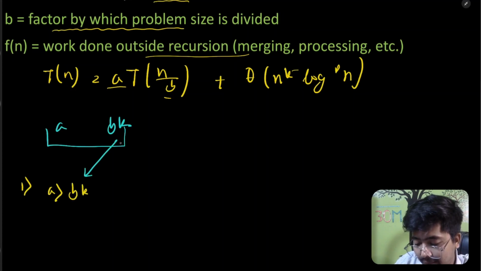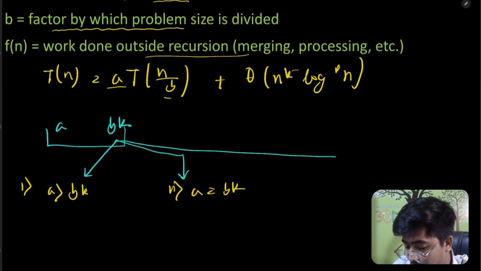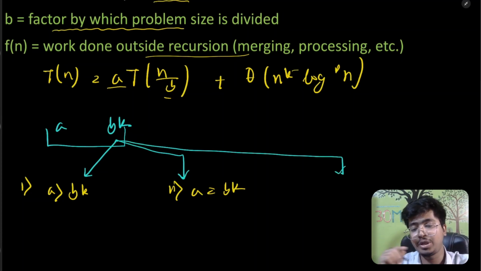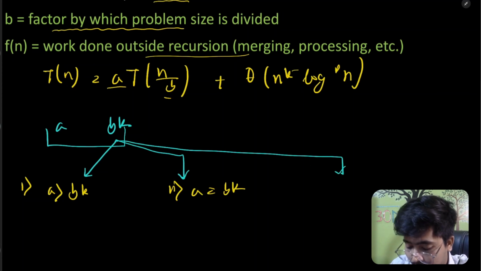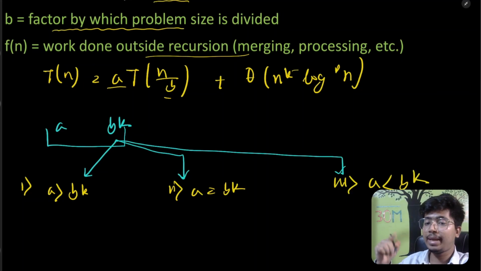The second condition: a equals b to the power k. The third condition: a less than b to the power k. So we have the conditions a greater than b^k, a equals b^k, and a less than b^k.